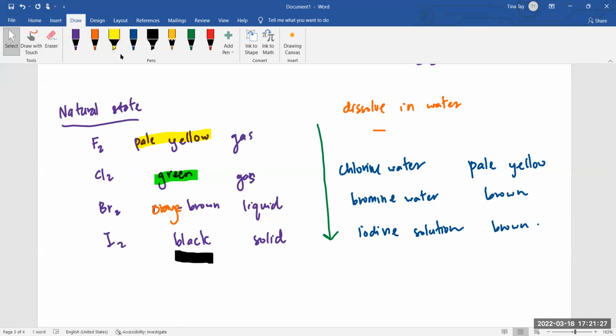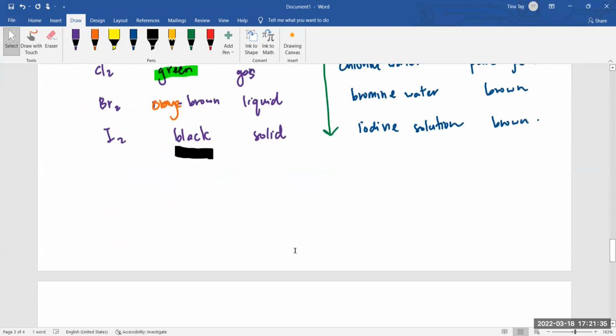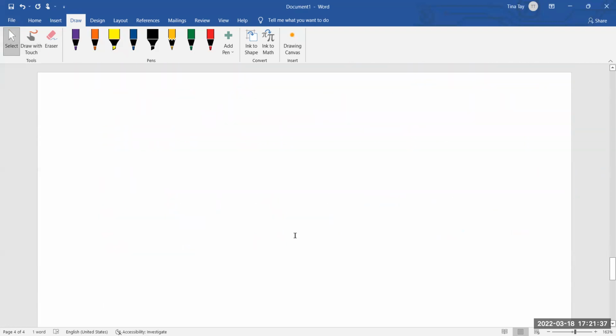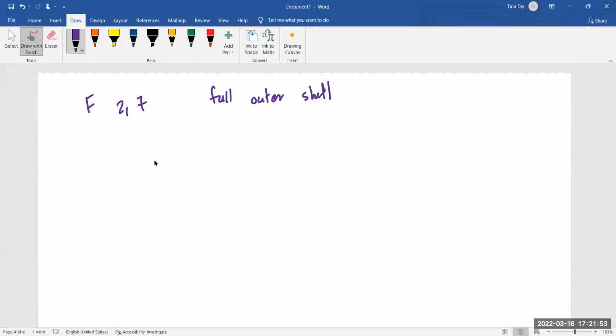Okay, can you understand? Okay, so reactions. Like this, fluorine is 2,7. In order to achieve a full outer shell, what does fluorine do?